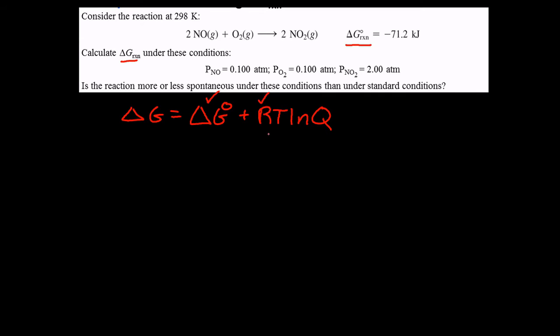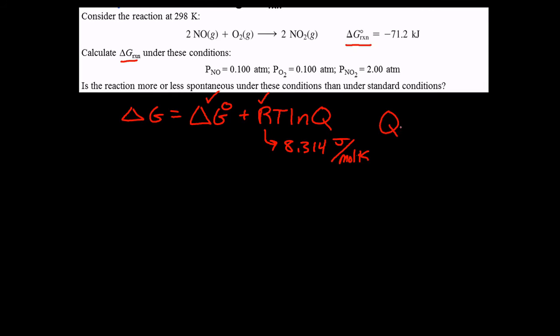R is the same R that we've seen over and over again: 8.314 joules per mole K, and we're going to use the joules version of the number instead of the liter atmospheres version because we're dealing with energies. T is just given to us in the problem. It's 298 Kelvin.